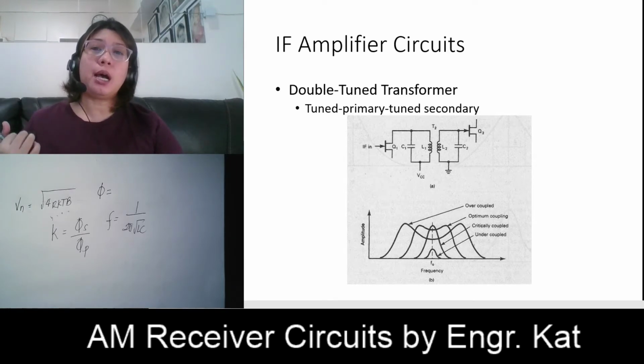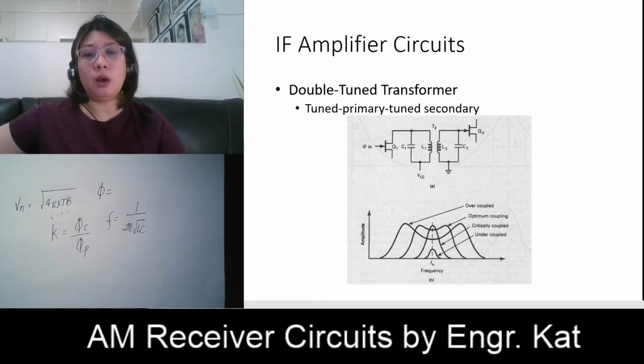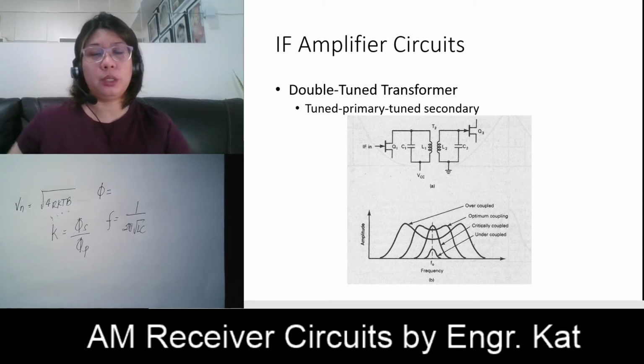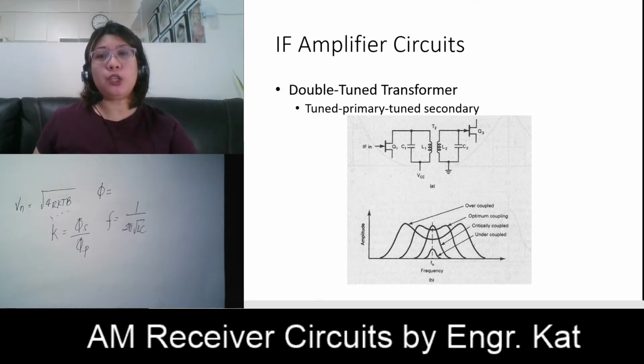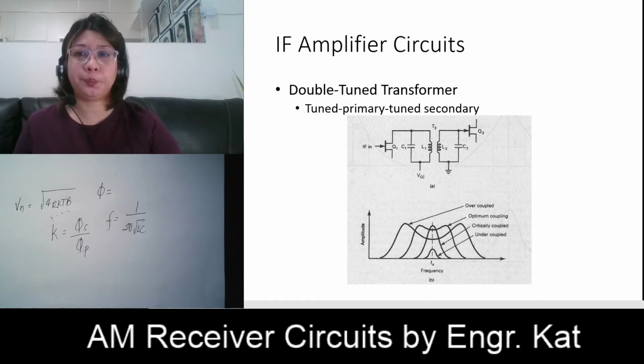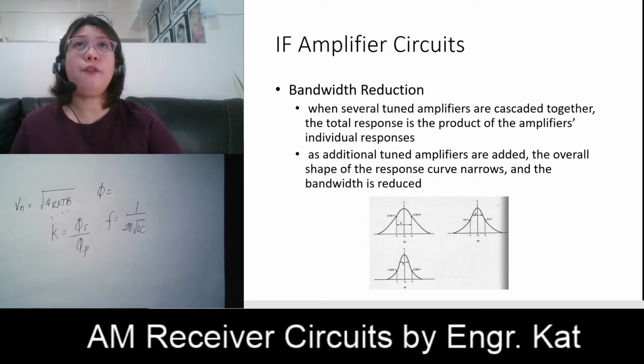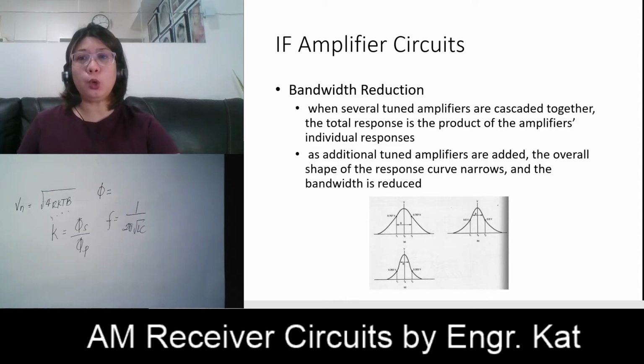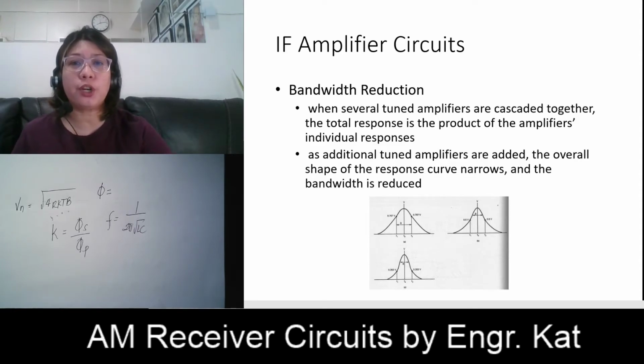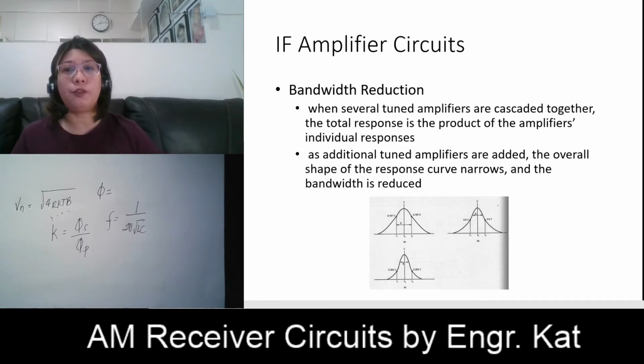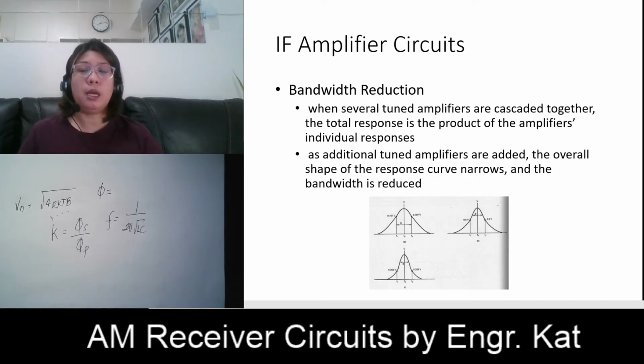So the meaning of the response curve is also the same as what we have mentioned a while ago. Okay, so we have here bandwidth reduction. So what do we mean by bandwidth reduction? When several tuned amplifiers are cascaded together, the total response is the product of the amplifiers' individual responses.